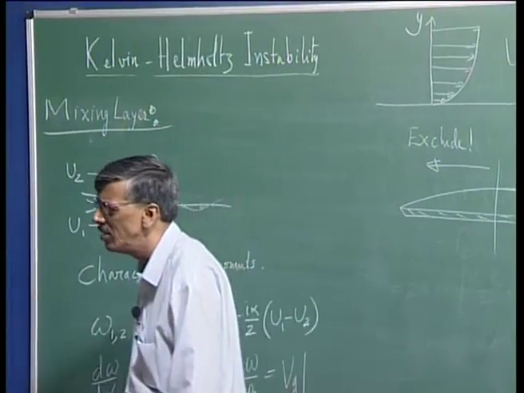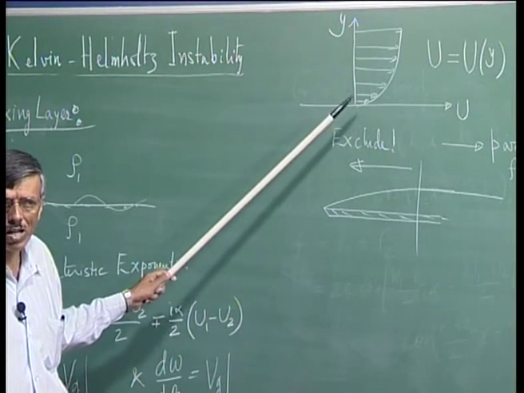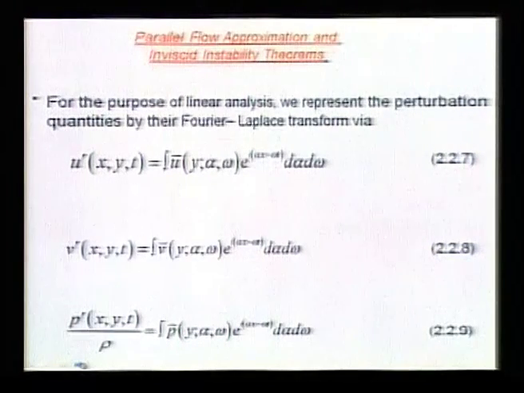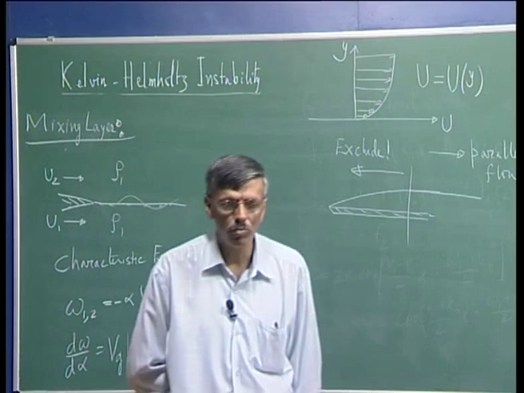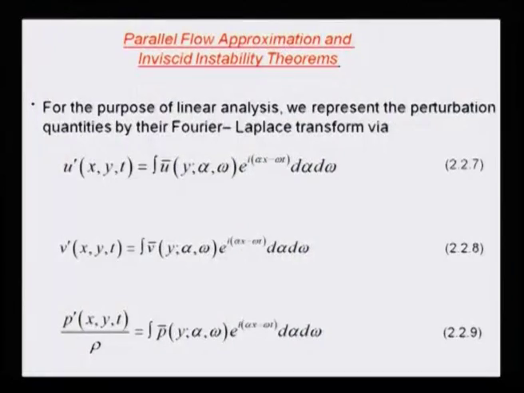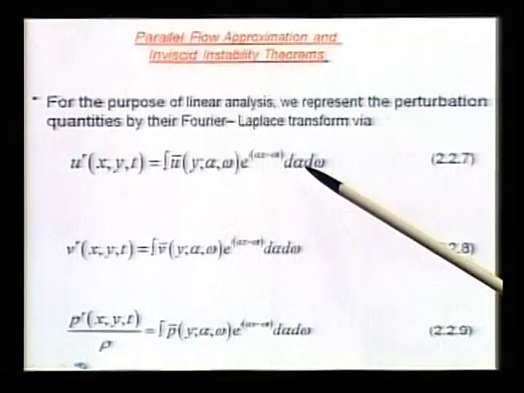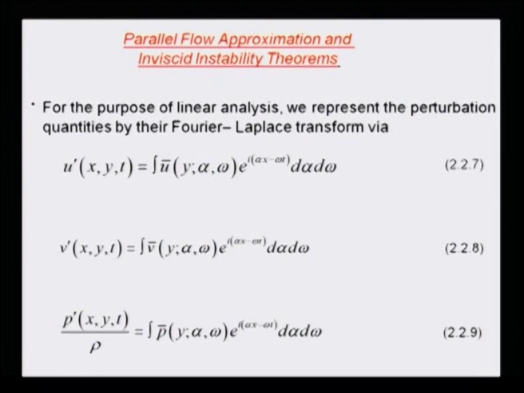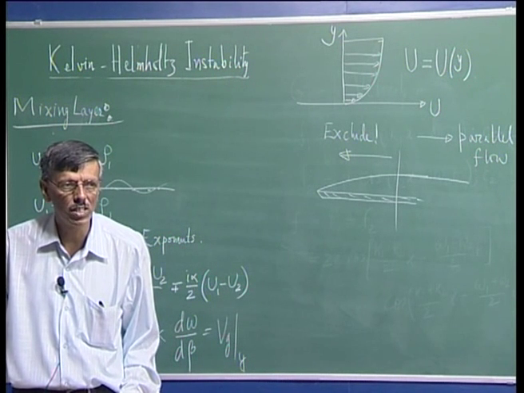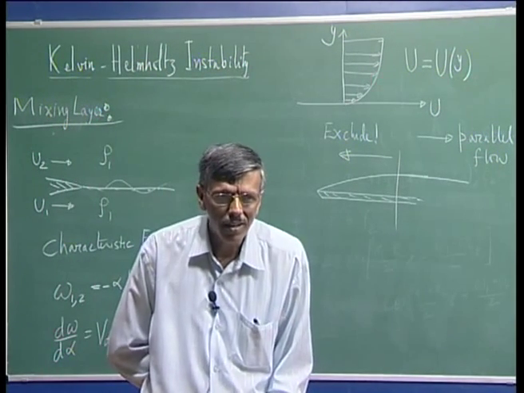However, in this case, we would not use a Fourier transform in the y direction because of inhomogeneity of the flow geometry. So, we will keep it like this, and then we will see. What will we see? If I introduce two transforms in x and t direction, and the flow is two dimensional, and if I have a partial differential equation, I would end up with an ordinary differential equation in y, right?